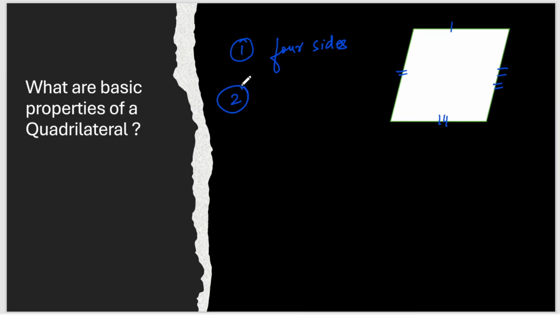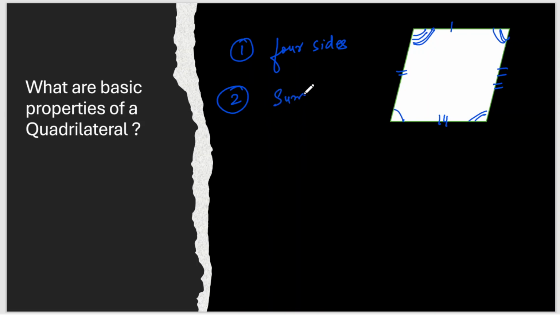Another thing is the angles of a quadrilateral. If you add all four angles of a quadrilateral, the sum will be 360 degrees.